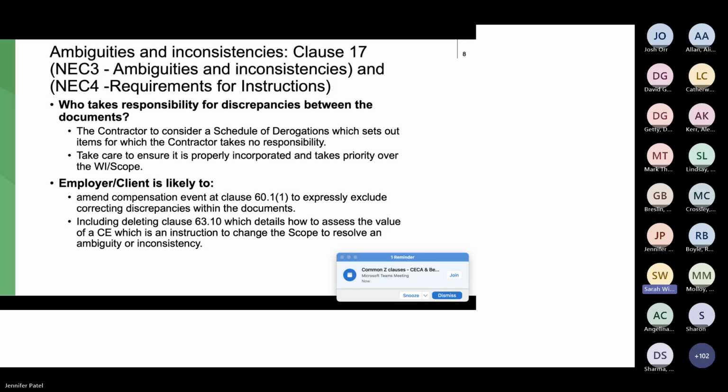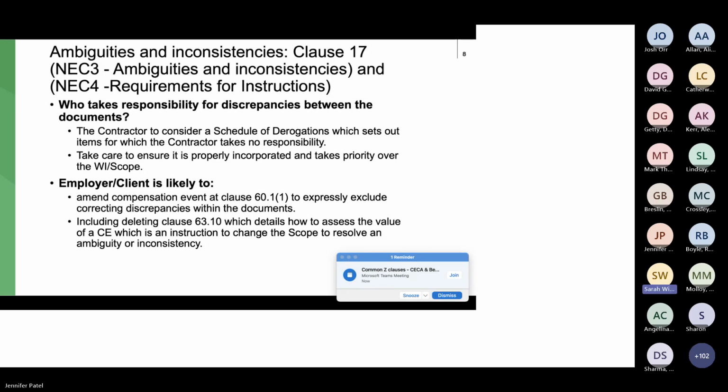So in essence, this clause, clause 17, it says on the slide. Yeah, clause 17, but it works in conjunction, and you'll see the fifth bullet point down, with the compensation event at 60.11.